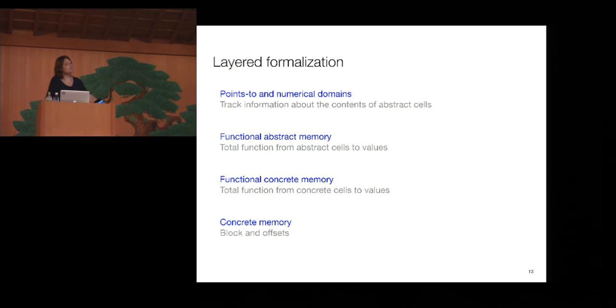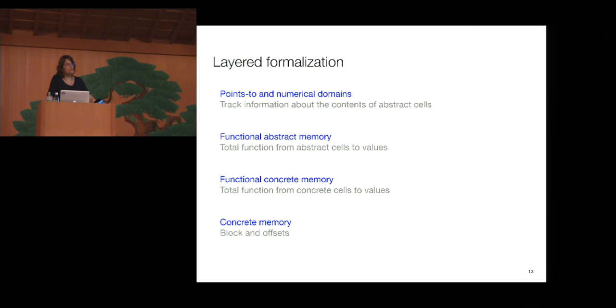In the end, our abstract memory functor can be seen as a layered formalization. I've mentioned the points-to and numerical domains. This is the abstract domain, which on the one hand tracks information about the contents of array cells. In the concrete world, the world of CompCert, we have a concrete memory where we have only blocks and addresses.